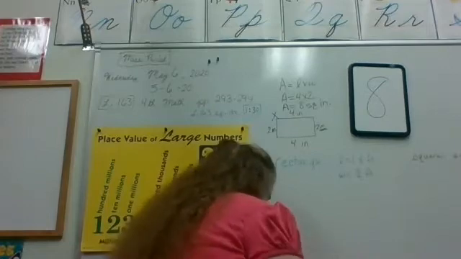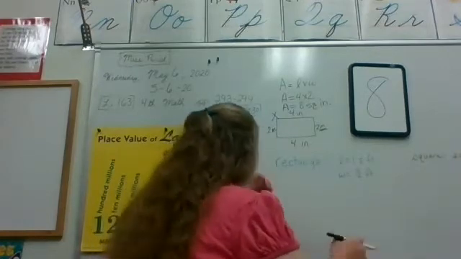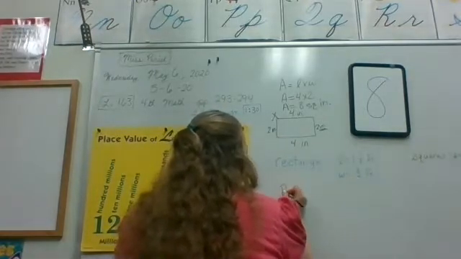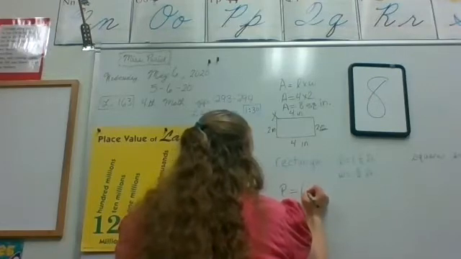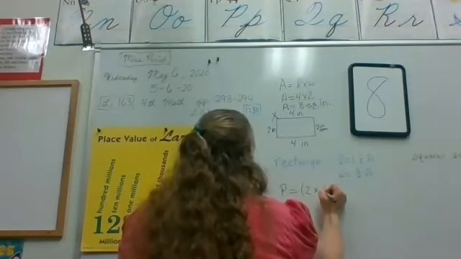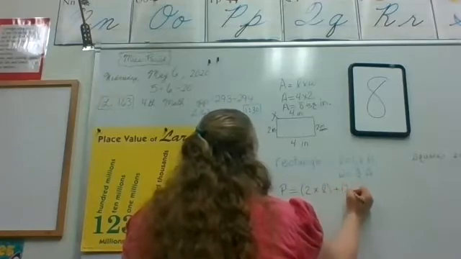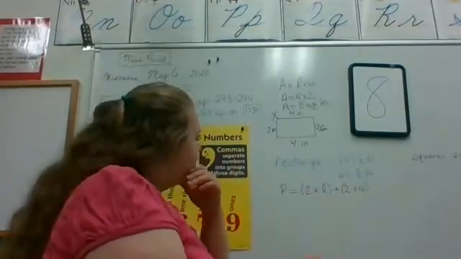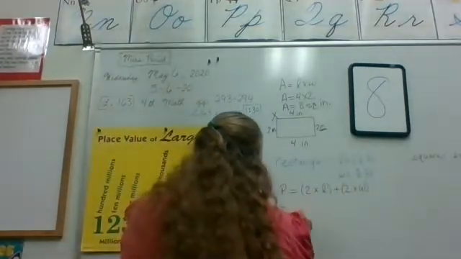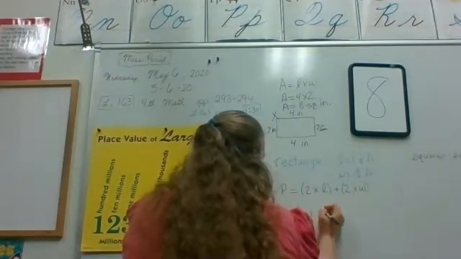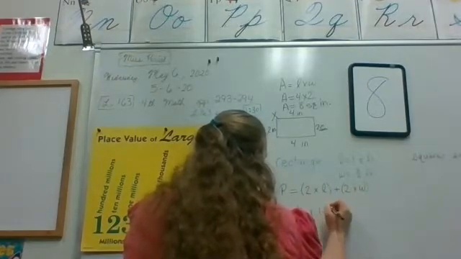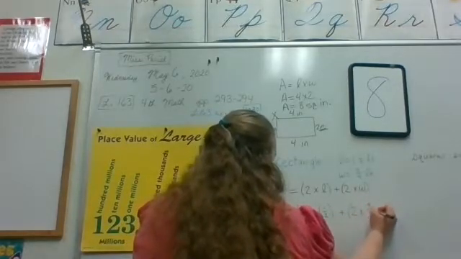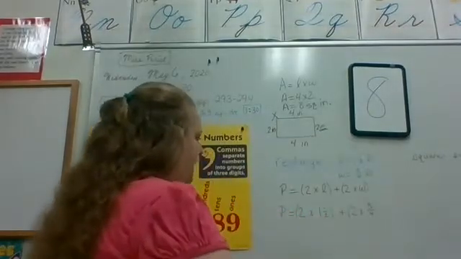Switch markers, this one doesn't seem to be doing the greatest. So we can do both perimeter and area using fractions, okay? So P equals 2 times 1.5 plus 2 times 3/4 of a foot, okay?